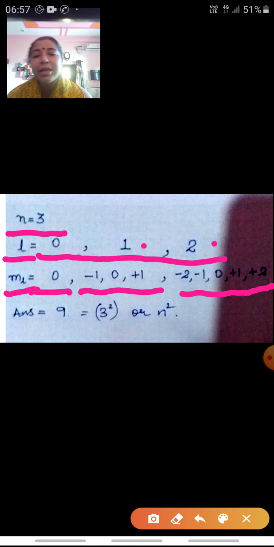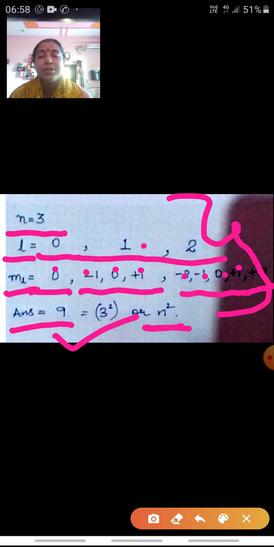So how many are there? 1, 2, 3, 4, 5, 6, 7, 8 and 9. So how many possible orbitals are there if the value of n is 3? Yes, it is 9. The answer is 9. Now another shortcut formula to find out the number of orbitals is, you have to make a square of n.